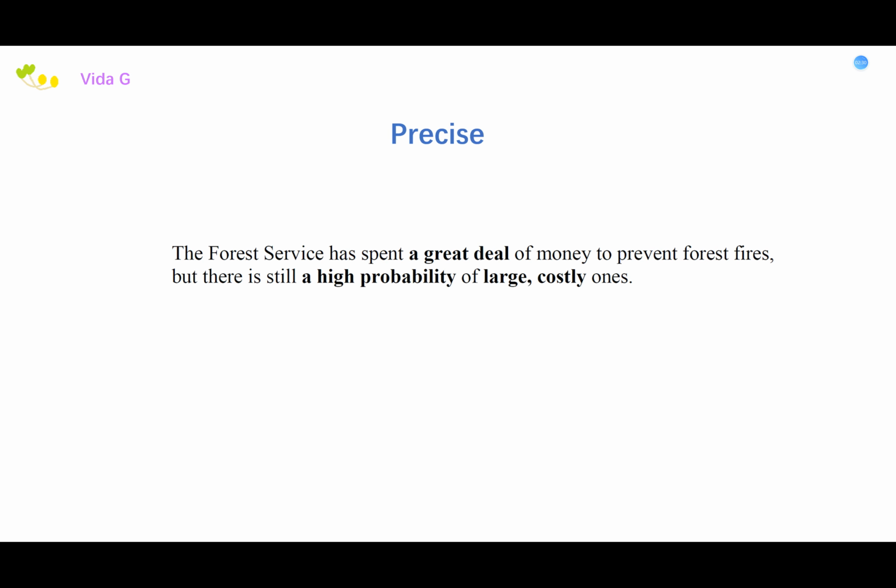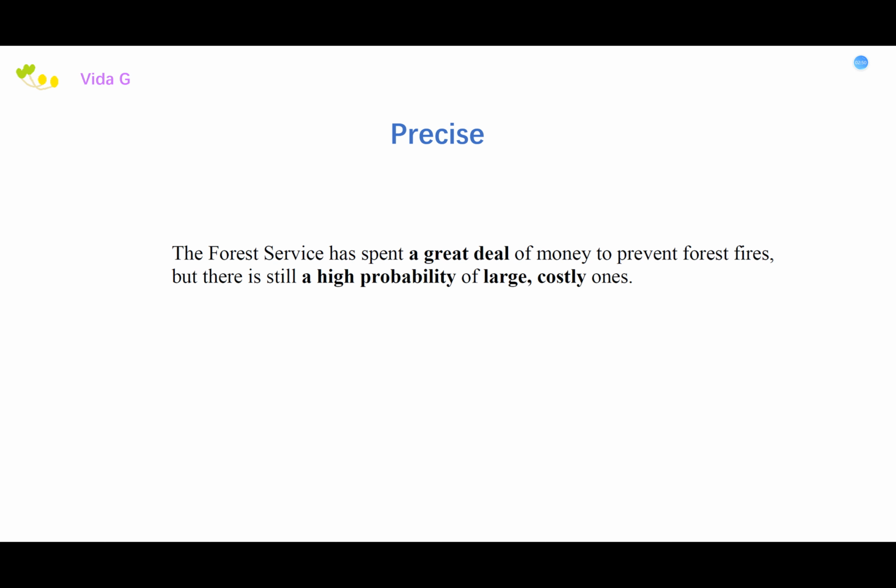Precise. The forest service has spent a great deal of money to prevent forest fires, and there is still a high probability of large costly ones. You do not have to use "a great deal of" or "a high probability of large costly."